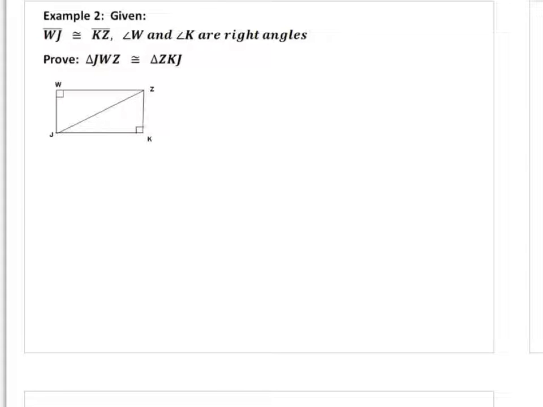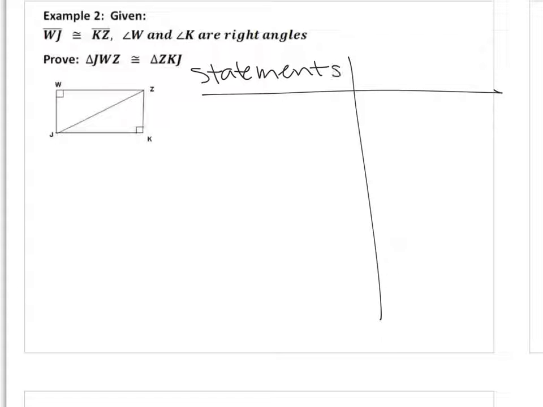Alright, look what we're given on this proof. So my first statement would be that WJ is congruent to KZ, given.